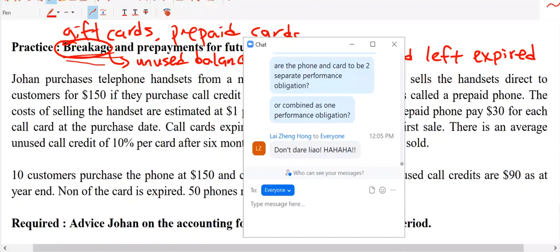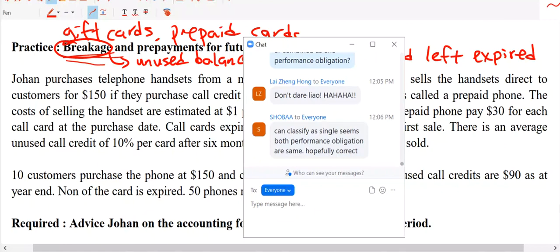For anyone who would like to try, phone and card. I know we are selling it as a package, but are the performances separate after that, or combined so that they are relating to each other? Okay, can classify as single, both performance obligations are the same, hopefully correct.